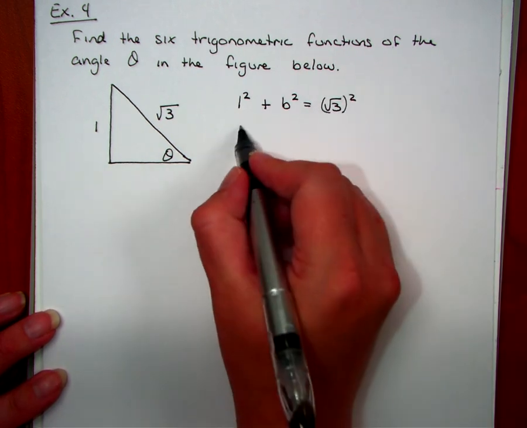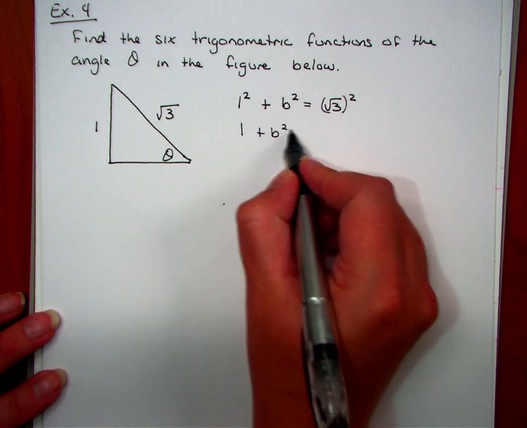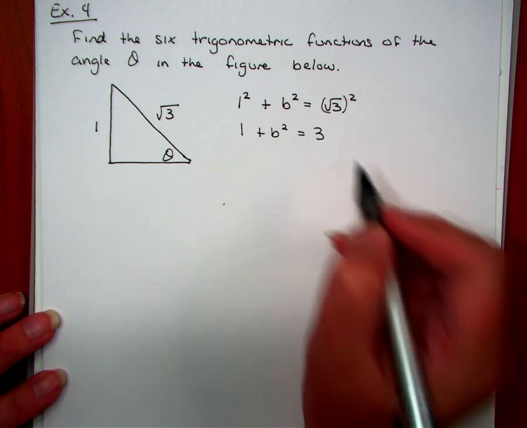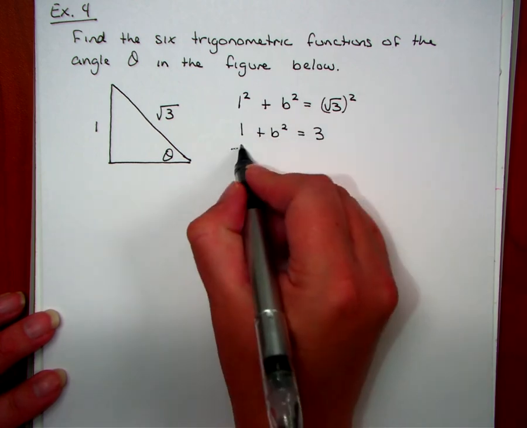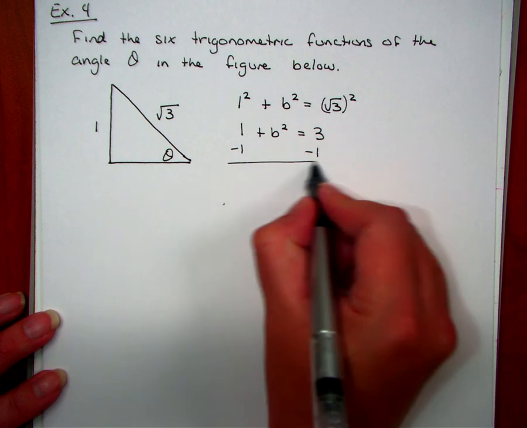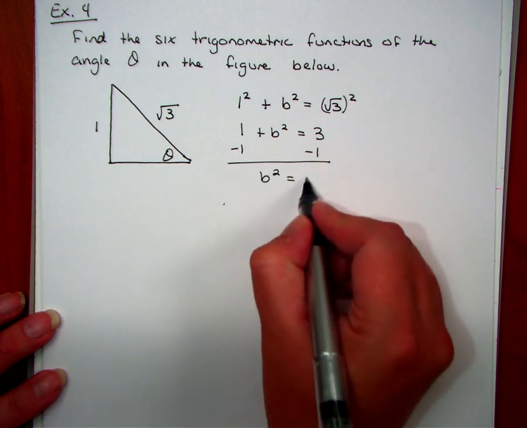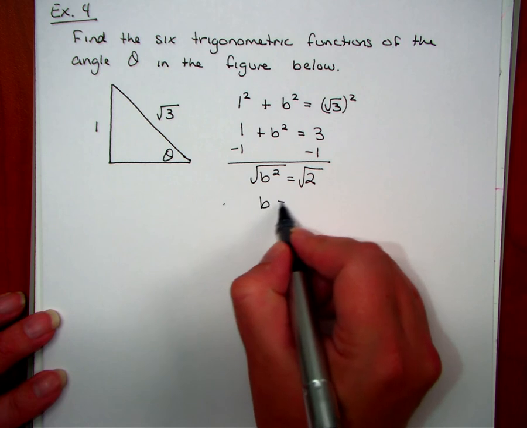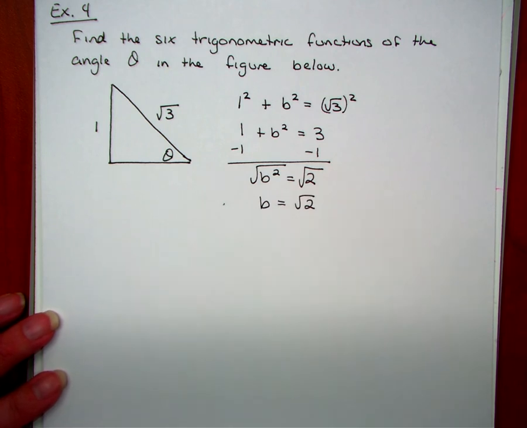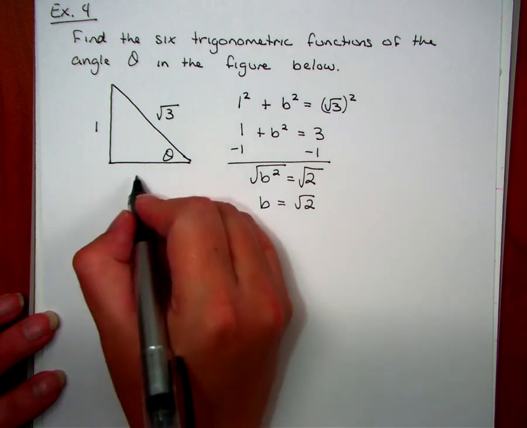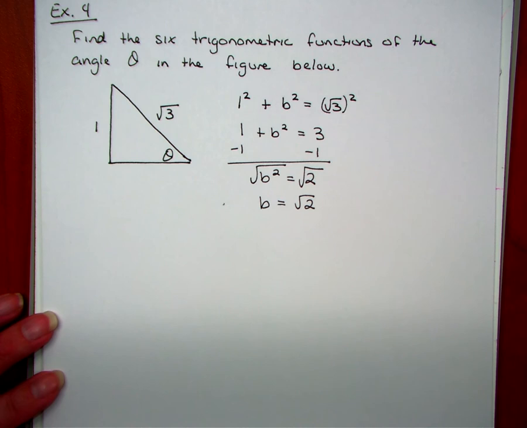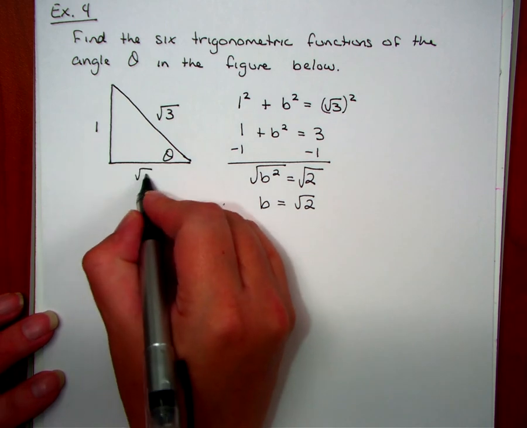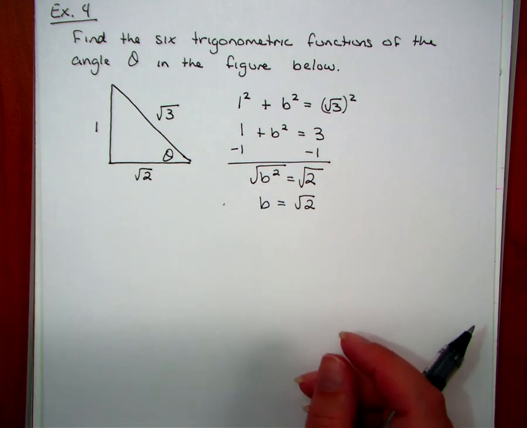So if I solve this, 1 plus b squared equals 3. Subtract 1 from both sides. B squared equals 2. Square root, b equals rad 2. Right? And instead of doing plus or minus here, we're just going to use our positive answer.